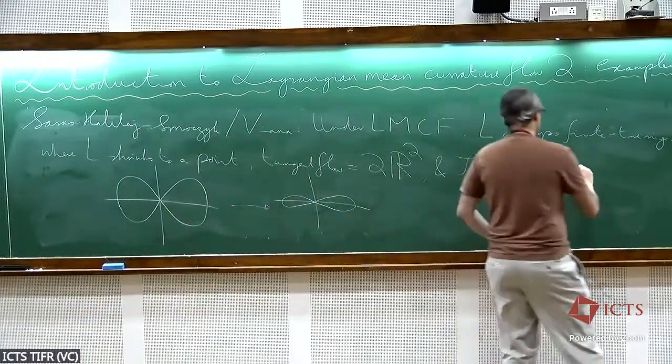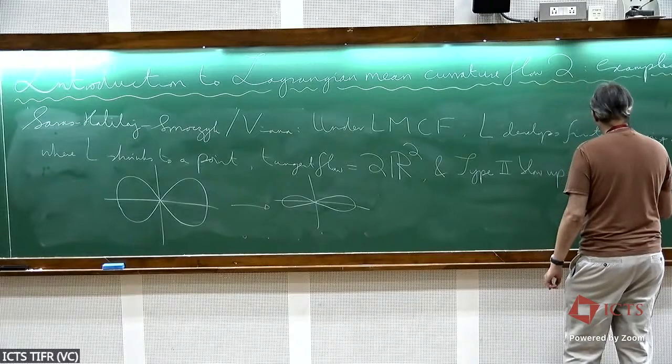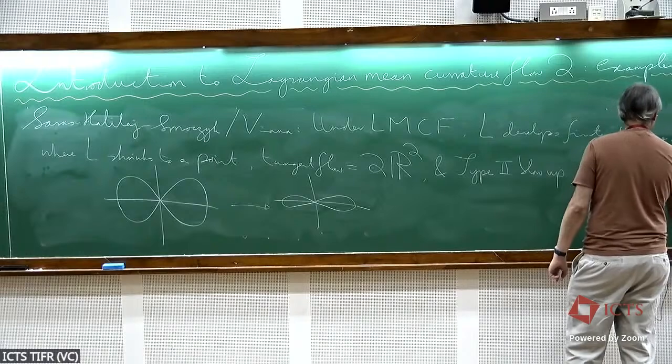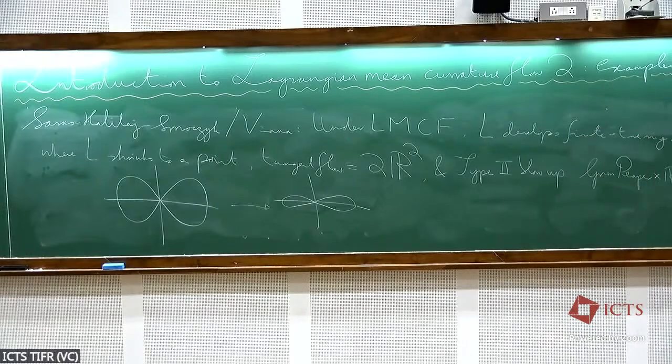So the type 2 blow-up is Grim Reaper times R. So indeed, it's exactly as I said, what could happen is that even though this thing is zero Maslov and all that, and even though the tangent flow is special Lagrangian, multiplicity 2 though, you don't see a special Lagrangian as the model. You see a translator as the model. How the singularity is forming.